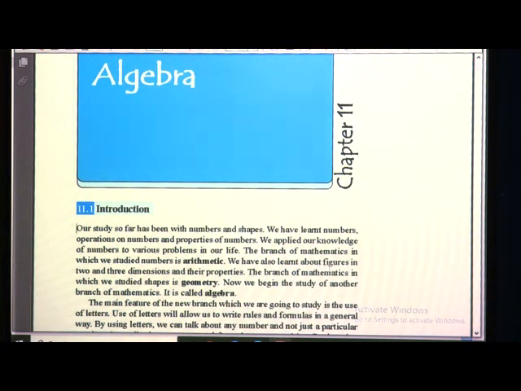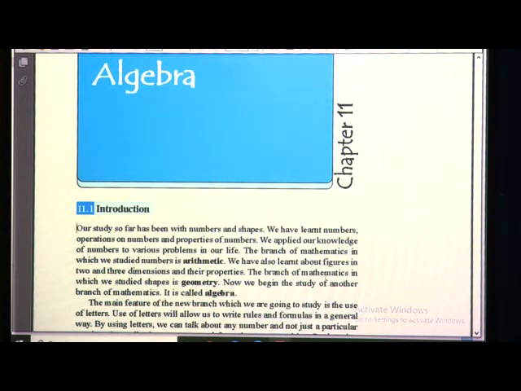We have also learnt about figures in 2 and 3 dimensions and their properties. The branch of mathematics in which we studied shapes is called geometry. So till now we have studied numbers and shapes. The branch which tells us about numbers in detail is called arithmetic, and the branch in which we studied shapes is called geometry.